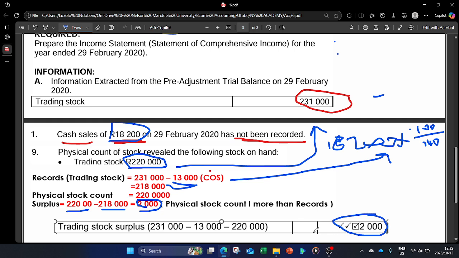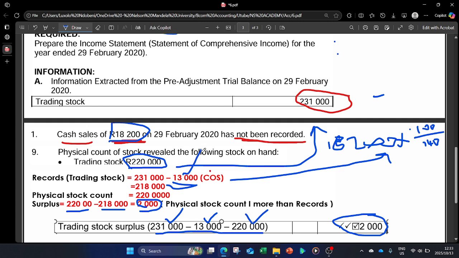You see it's 3 marks. So this is the working from the memo, but if you don't understand it, you can use mine because they are simple. But what they did, they took the trial balance inventory and they deducted the cost of sales not recorded yet, and then deducted the physical stock count. So you can see that's what we did.